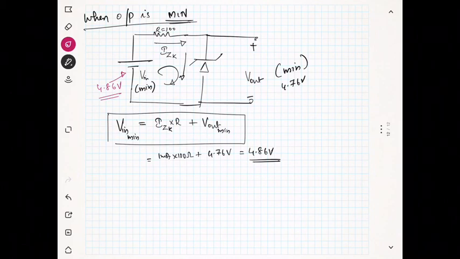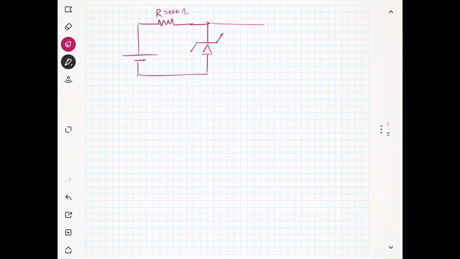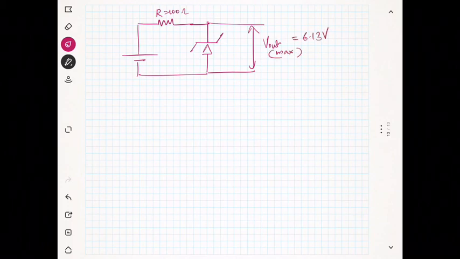Now we will see another situation. R is equal to 100 ohm. When the output is maximum, you are getting the voltage at the output V out as 6.13 volt. Now whenever output is maximum, the input is also maximum. This maximum input is dropping across the resistance and across the Zener diode.